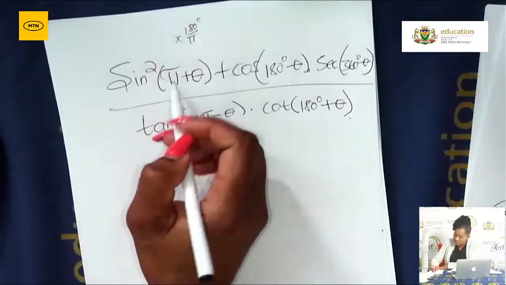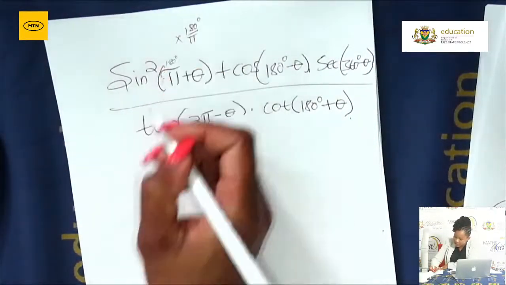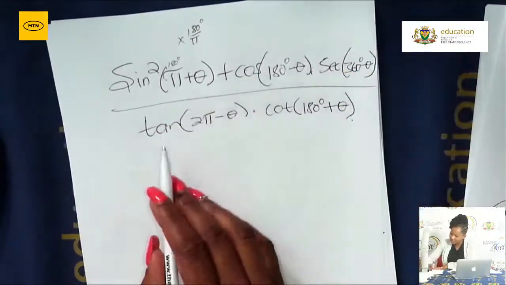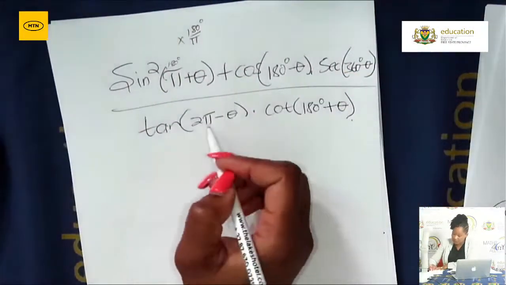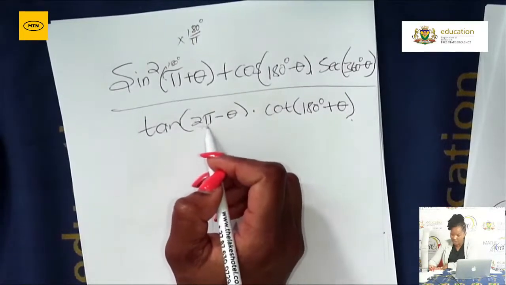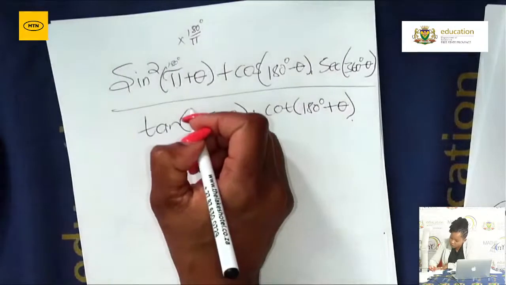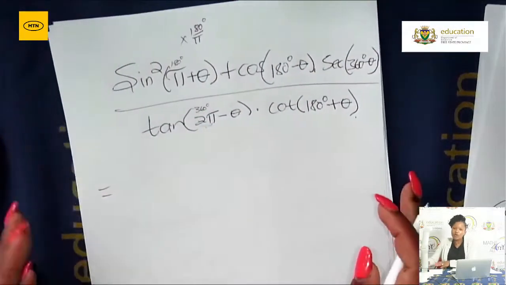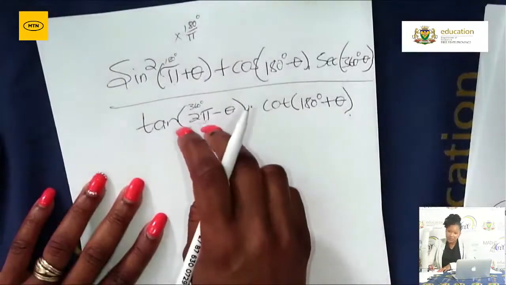Then it will give you 180 degrees. So it means where you see pi, it's 180 degrees. And then in the denominator here, we have 2 pi. This will also be multiplied by 180 degrees over pi, which will give you 360 degrees. Now, there are 2 ways which you can simplify this.